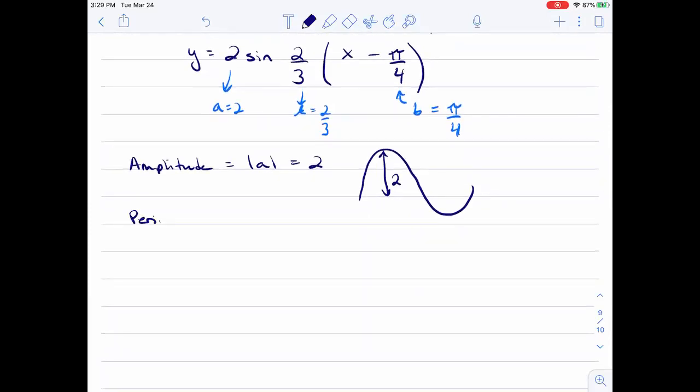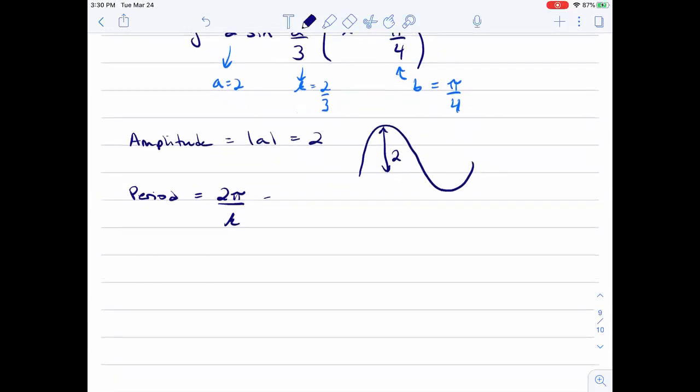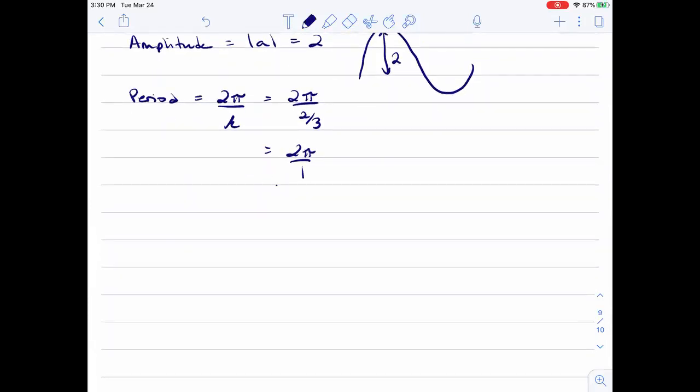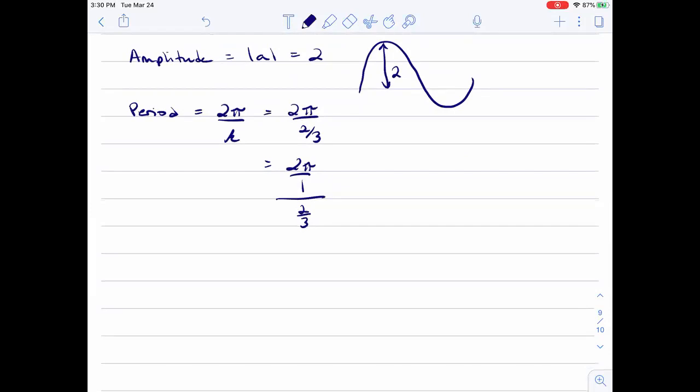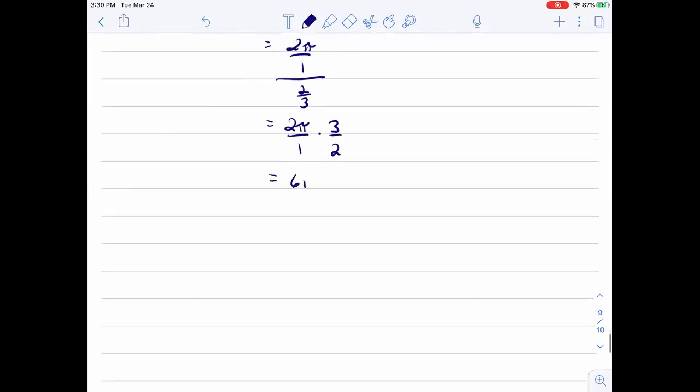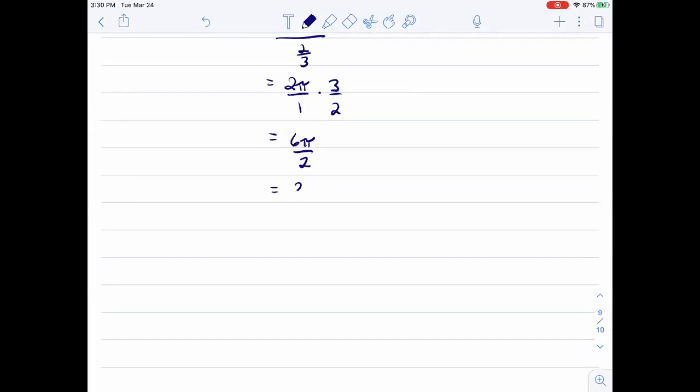The period is 2 pi over k. In this case, that's 2 pi over 2 over 3, which we can rewrite as 2 pi over 1, to write it as a fraction, over 2 over 3, just to show that it's a fraction over a fraction. 2 pi over 1 times 3 over 2 puts me at 6 pi over 2, or just 3 pi.